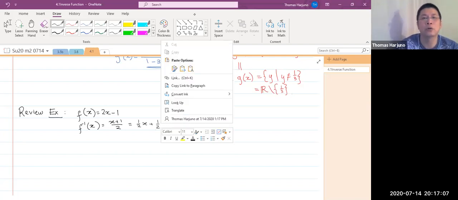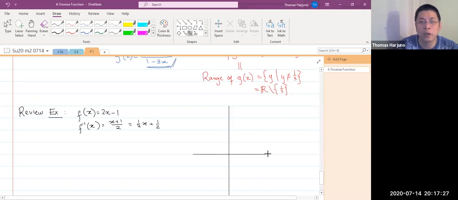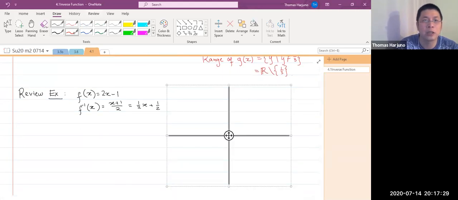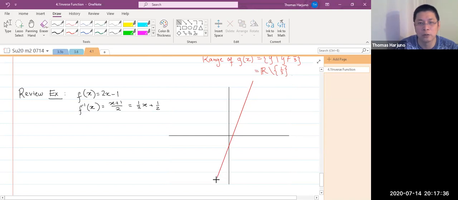Now, let's take a look at what the graph looks like. I use a simple graph because these two are graphs that we still can do easily. You see that for 2x minus 1, the graph of y equals 2x minus 1 is a line with slope 2, y-intercept (0, -1). So you can say approximately like this.